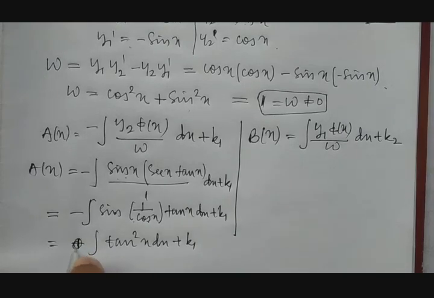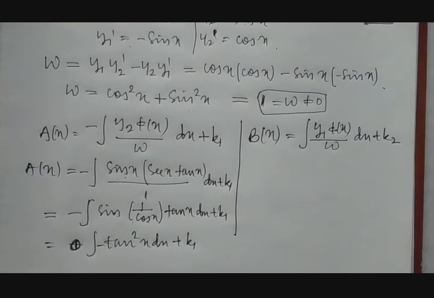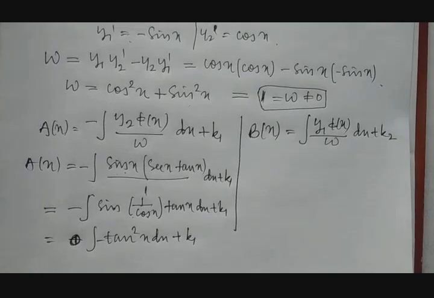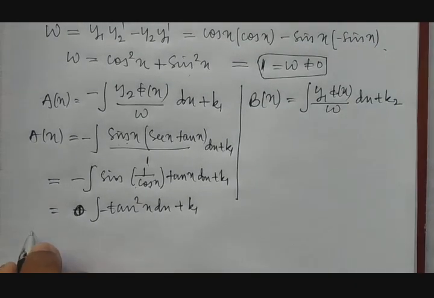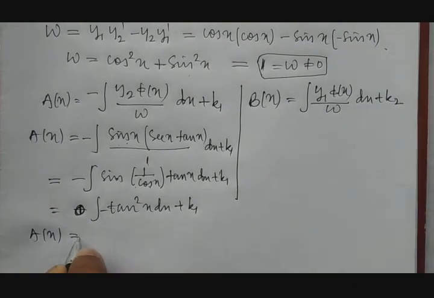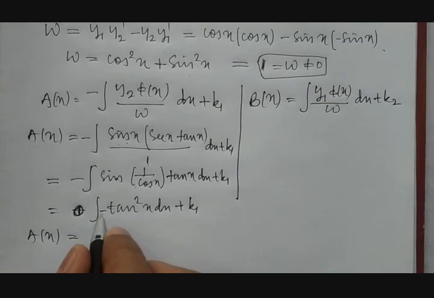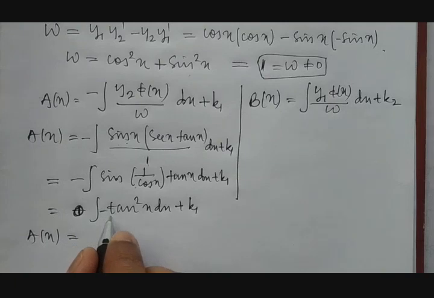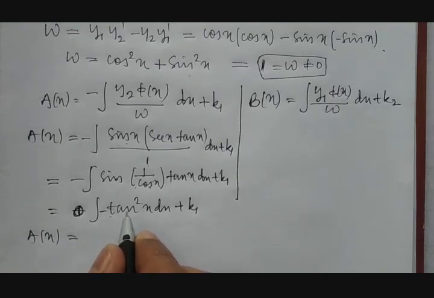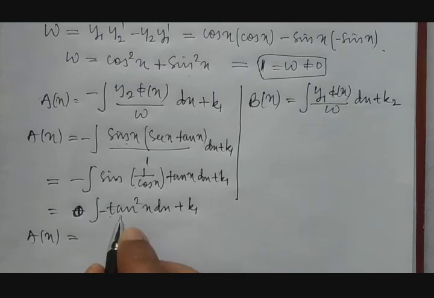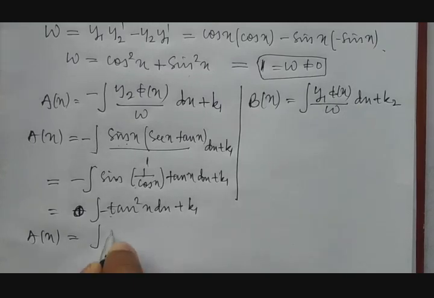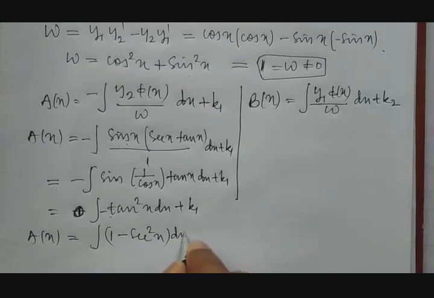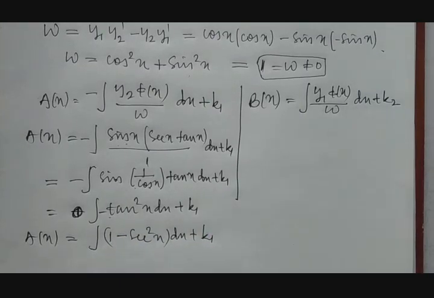I'll take this minus sign inside, to convert and go through trigonometric identities. We all know that minus tan square, as per the trigonometric identity, can be represented by 1 minus sec square x with respect to x plus k1.